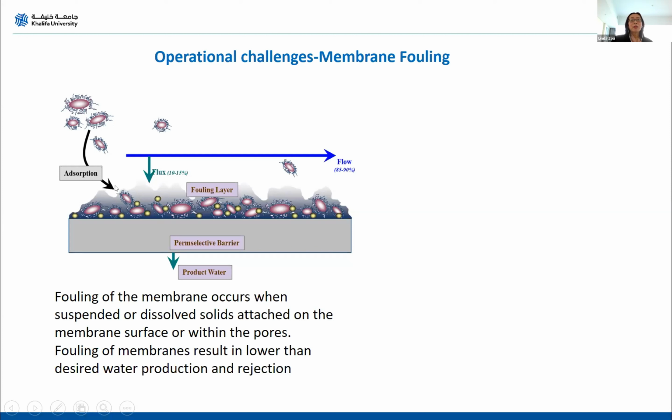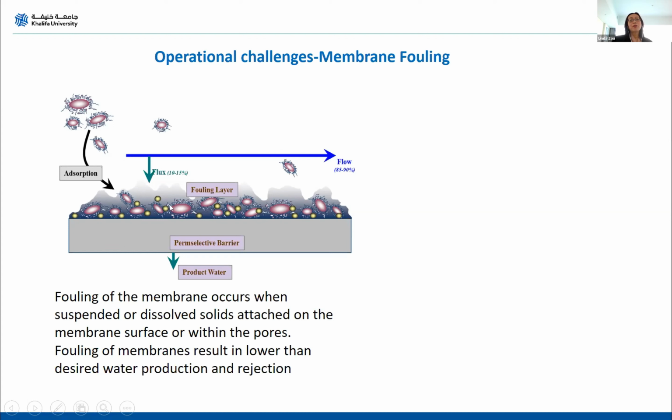These dissolved or suspended solids will be washed away by the cross flow and end up in the reject. However, over time, a small portion of these dissolved solids will become attached to the membrane surface or inside the pores of the membrane, and fouling of the membrane occurs.